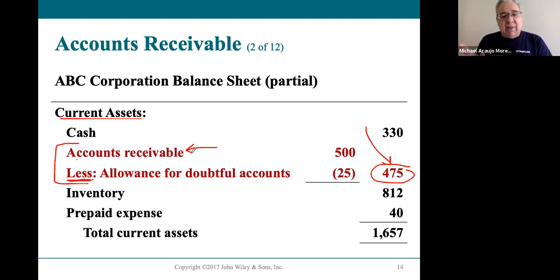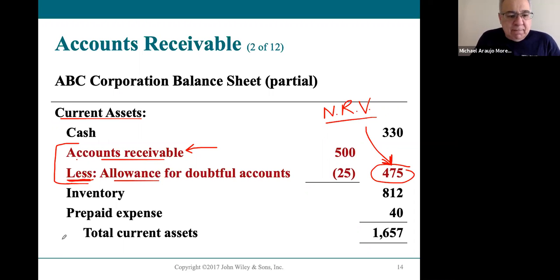So that 475 that you see there is a conservative estimate of what the real value of accounts receivable is. We actually call it the net realizable value. You'll see that if you read the book, you will see net realizable value listed. That's basically our conservative estimate of what the value of accounts receivable is after taking into account an allowance, right?